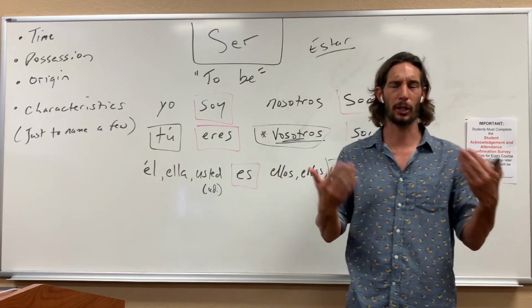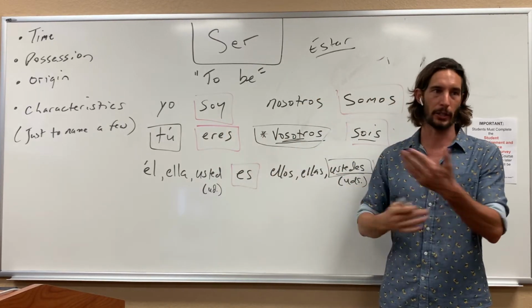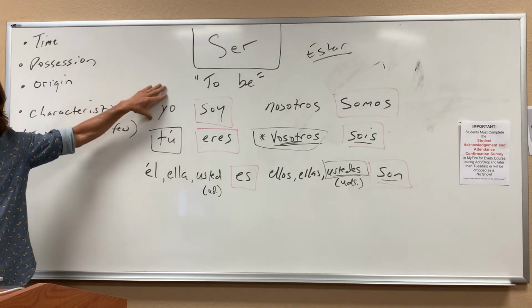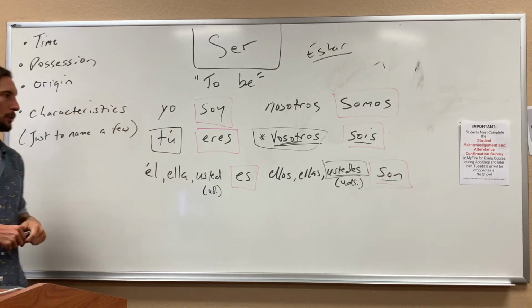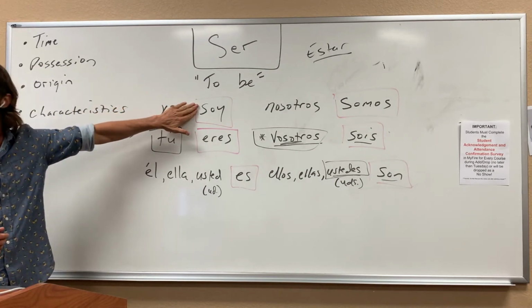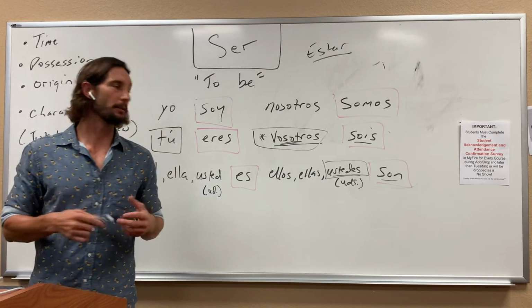So just so we're all clear as we continue to move through class and you see these subject pronouns continue to reappear, I'm going to pronounce this for you now, and then, as I said, afterwards we'll do it as a group. So yo soy, I am. Tú eres, you are.